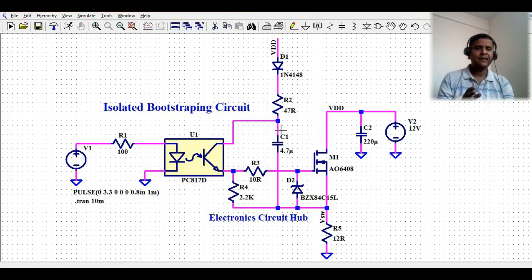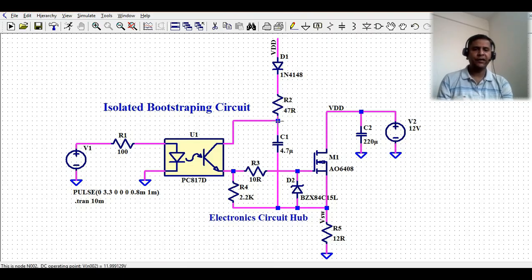Let us understand how this bootstrapping circuit works and what components we are using for bootstrapping. It is very important. VDD is 12 volt, which is this V2. I have labeled the net name so that the same power supply goes to VDD at the anode of D1, and then the cathode is connected via R2, which is 47 ohm.